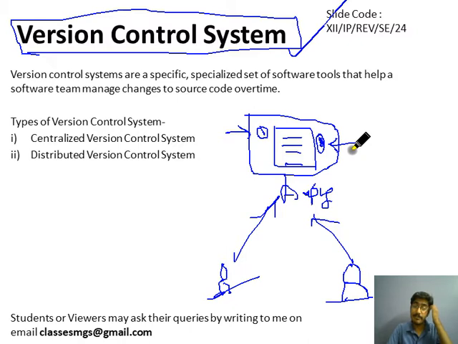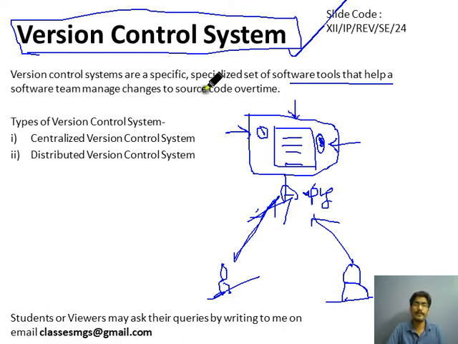These types of issues can be handled through the version control system. It helps to maintain the history of the changes done over a period of time by different developers on the same file.